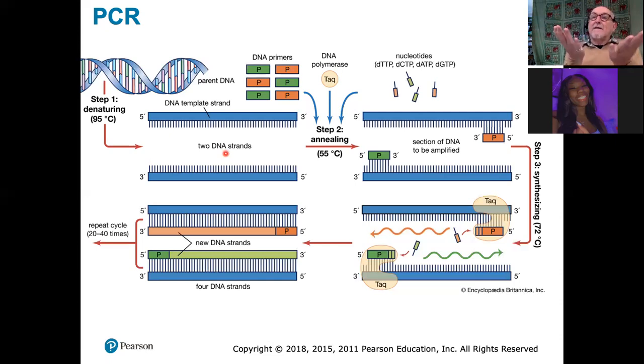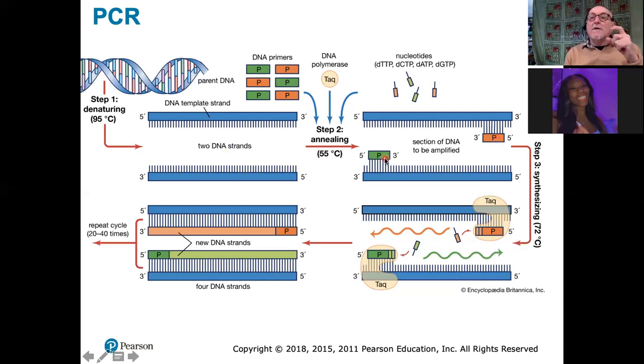Now, this enzyme, the DNA polymerase, is resistant to heat, so it's not killed by that high heat. Now I'm going to drop the temperature a little bit, and at this lower temperature these primers are able to bind.